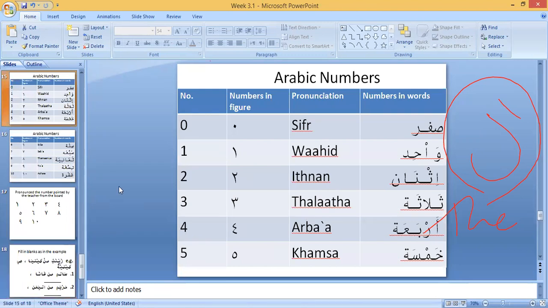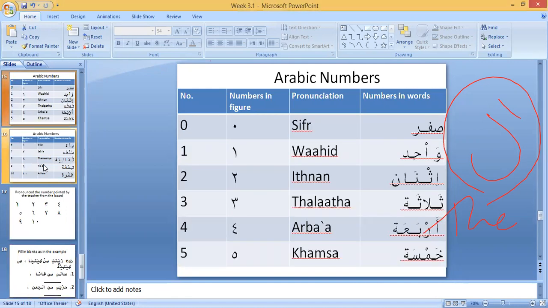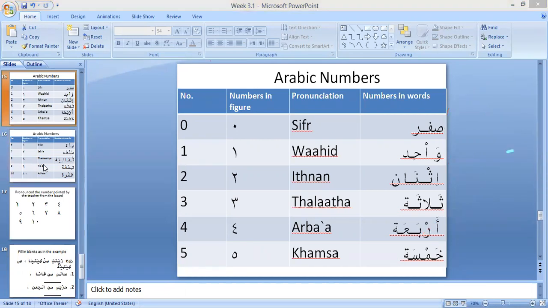Now you want to see how you can count. You see, these are numbers now. You start counting 1, 2, 3.